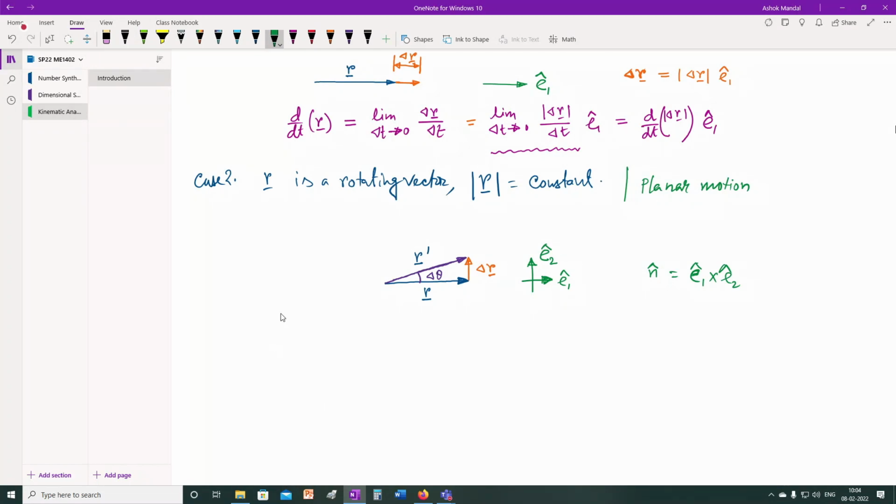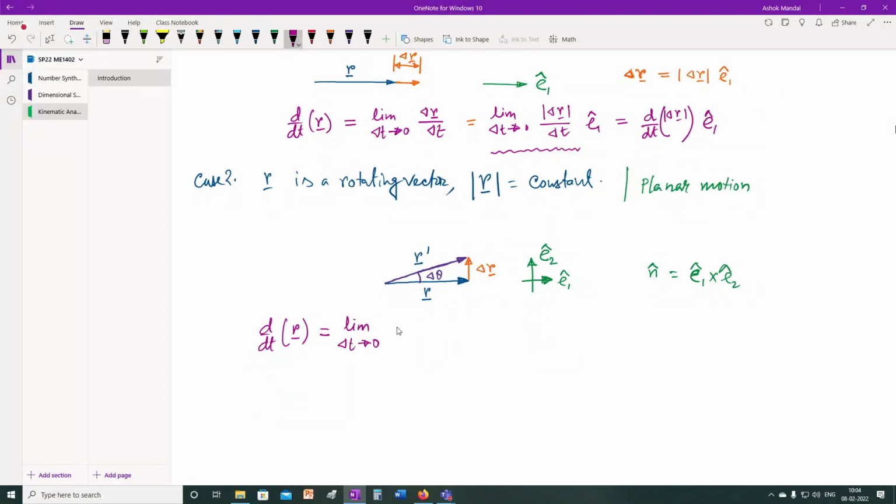Now let us do this derivative. We are interested in the derivative of the R vector. So you just write down the definition of this derivative.